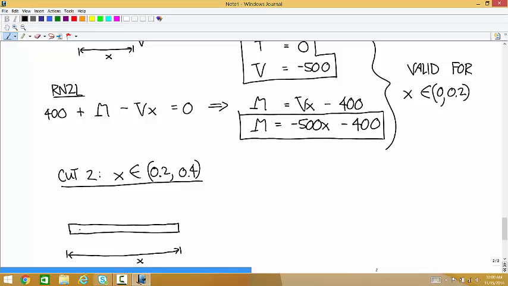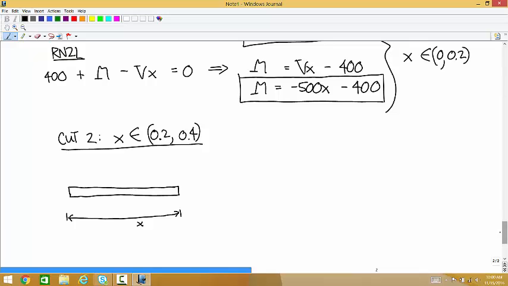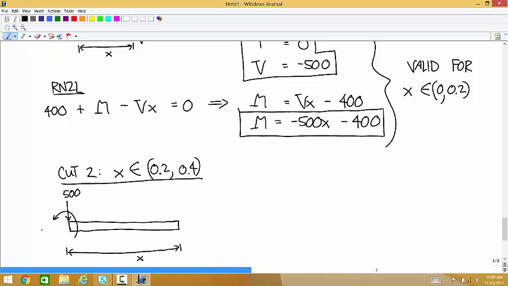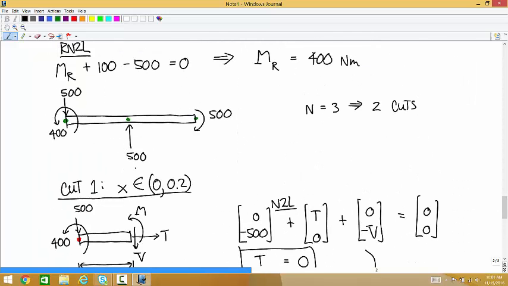Since we're going all the way from the left endpoint, we still have that downward force of 500. We still have that couple of 400. But now no matter where in this range x is, our free body diagram has to include this 500 Newton force.